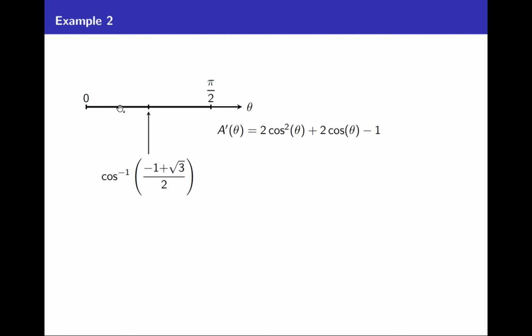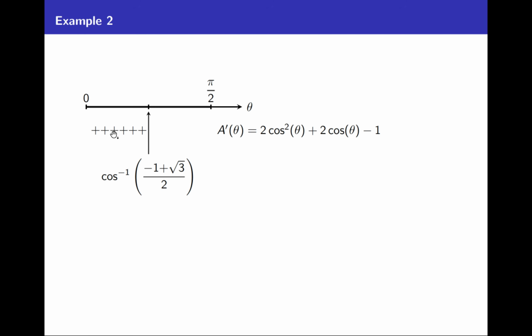Let's analyze what's going on there. We could pick test points on either side of this interval to figure out whether we get positive or negative. On this side, an obvious test point would be 0. A prime of 0 would be 2 cosine squared 0 plus 2 cosine 0 minus 1. And cosine of 0 is 1, so this is 2 times 1 plus 2 times 1 minus 1. And that's positive.